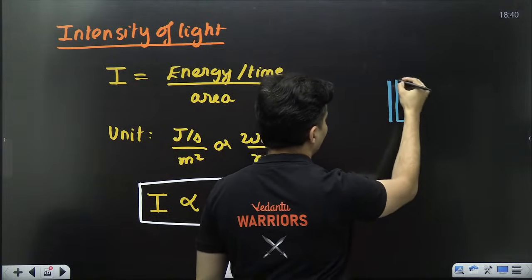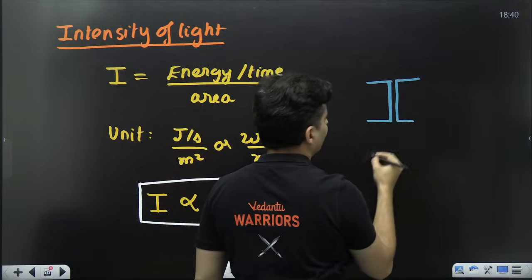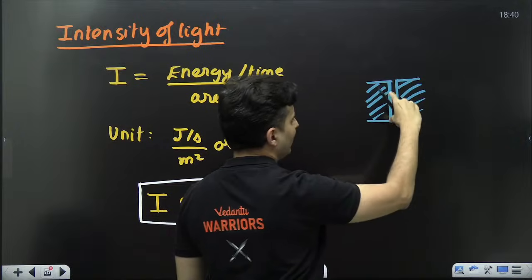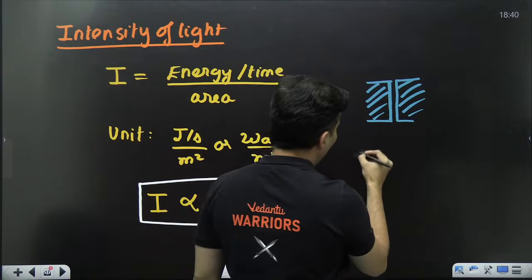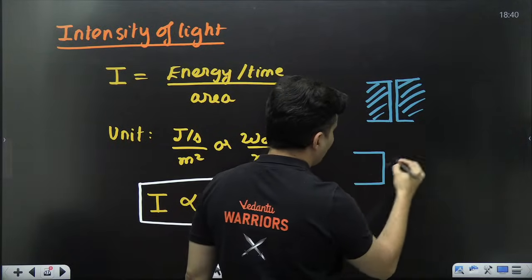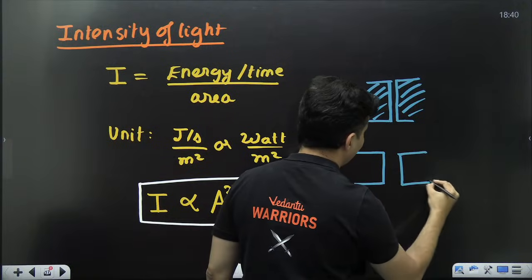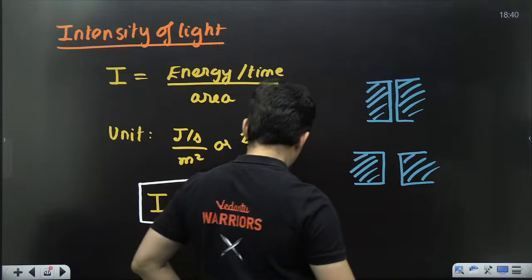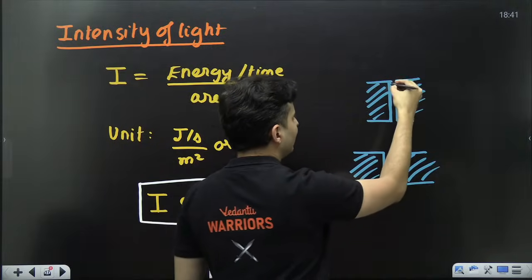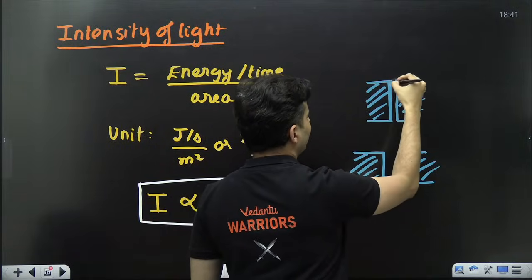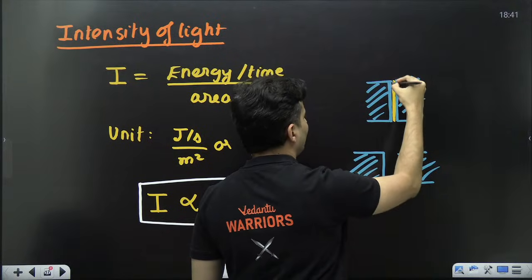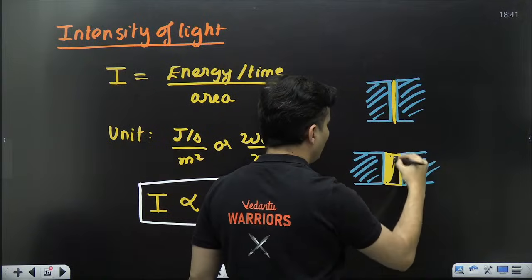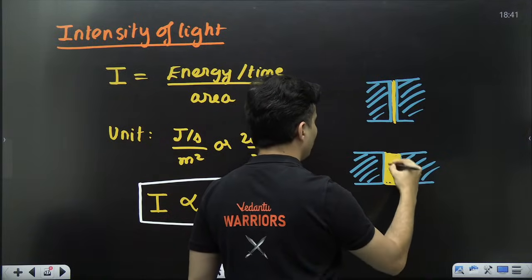Another important thing which students should know is this one: if you take a slit, so this is a slit, this part is opaque, only this part is the opening, and you slightly widen that slit, something like this. From a narrow slit, you might get some light from here. From a slightly wider slit, you will get some more light out of it.